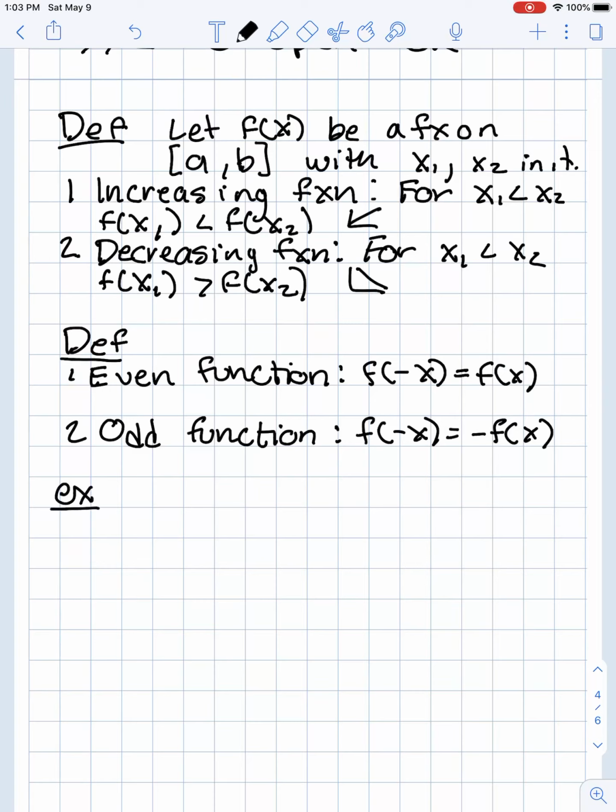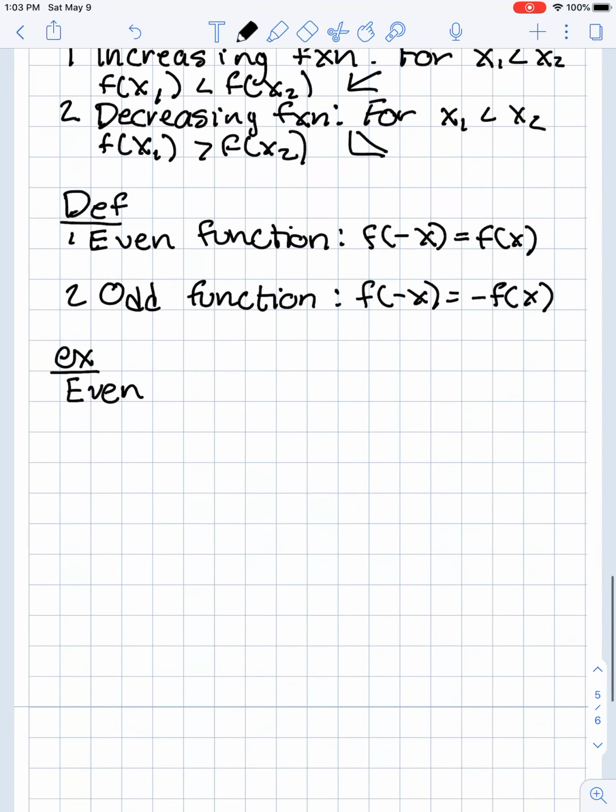A really good example of even and odd functions are power functions. So like x to some power. So I'm going to draw my graphs.